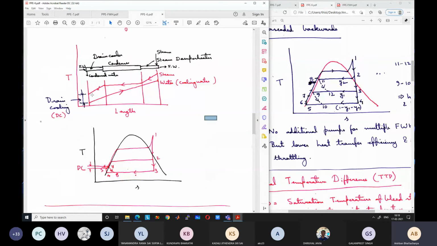We know the inlet temperature of water. So if we know the drain cooling temperature difference, then we can find the exit temperature of water from the feed water heater. That's why it is required. Any questions?